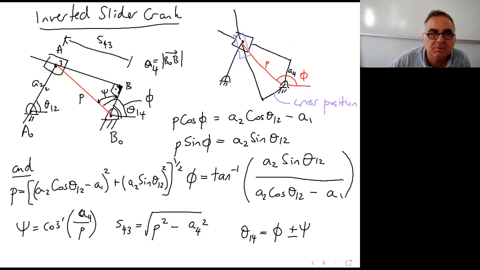Just a second, this is also A4. In the cross position, you see, the symmetric of this thing with respect to P, that's right. You just take the mirror image of this link, what did we call it? Link 4, with respect to the drawing P. Can you see that?